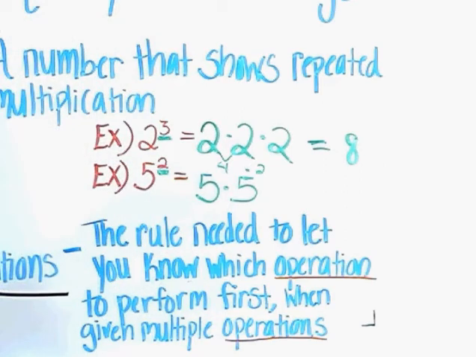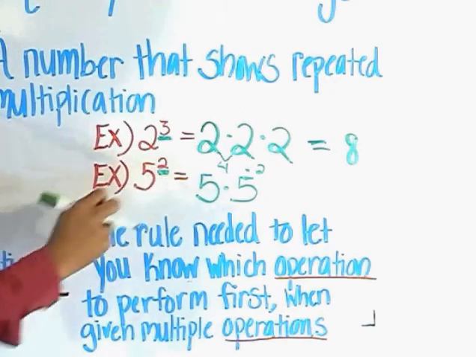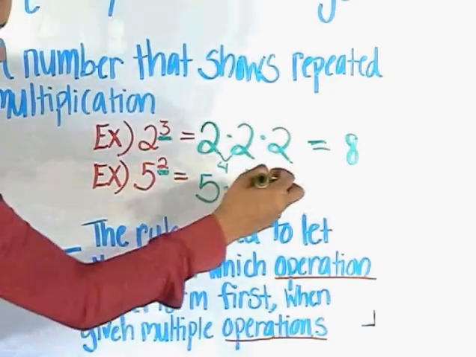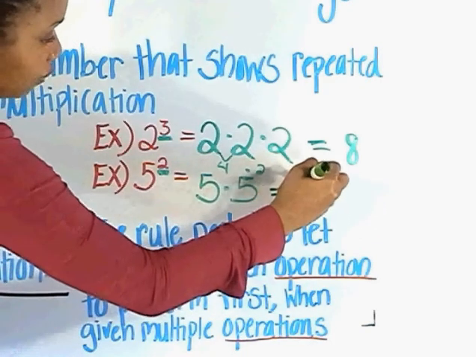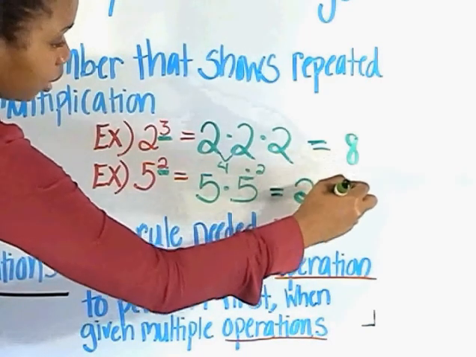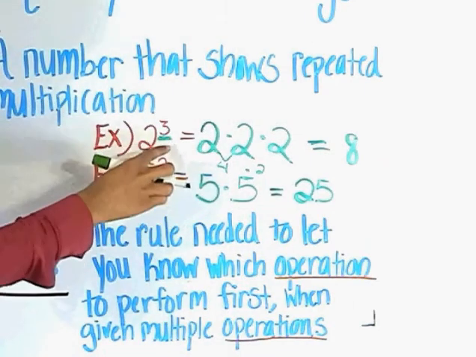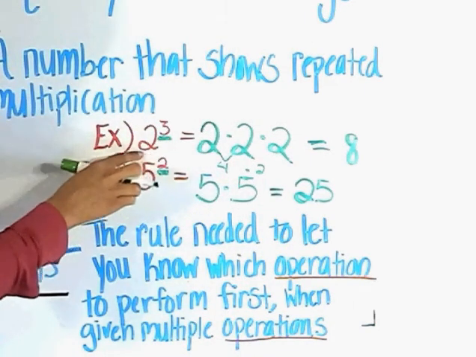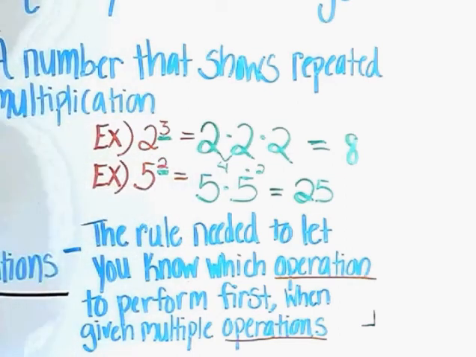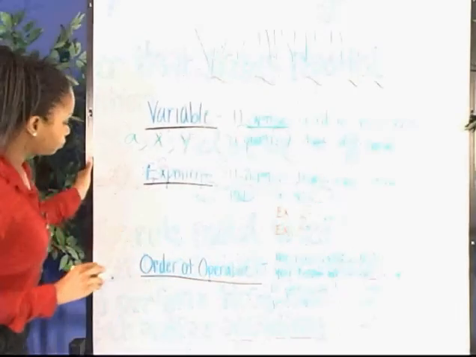Isn't our exponent 2? So 5 times 5 is 25. That's what an exponent is. It's a small number in the upper right-hand corner. It tells you how many times you multiply the big number, the base, by itself.